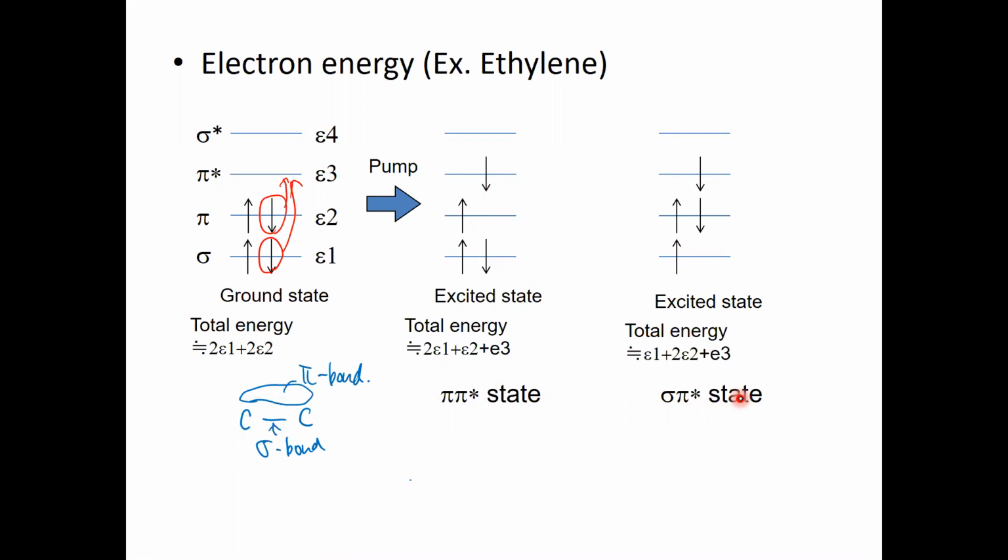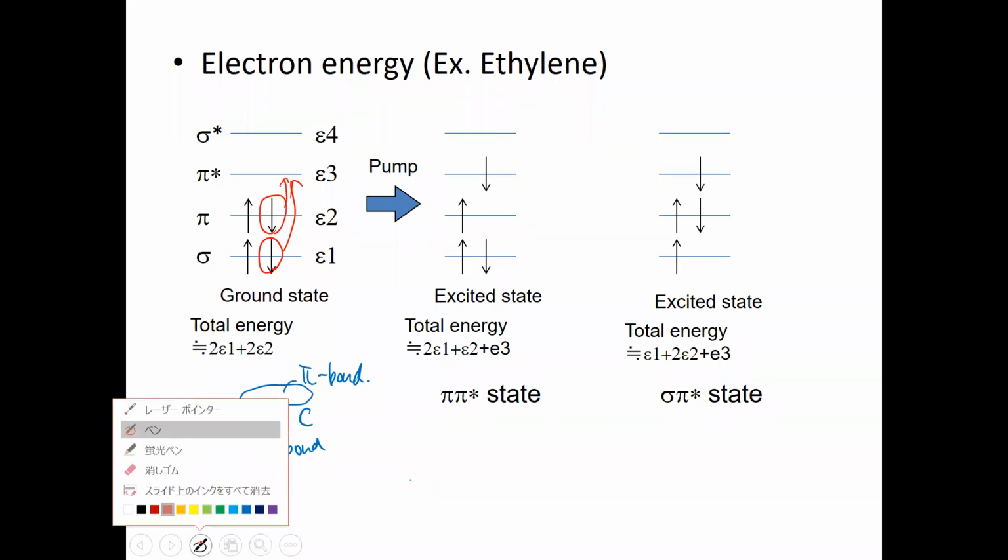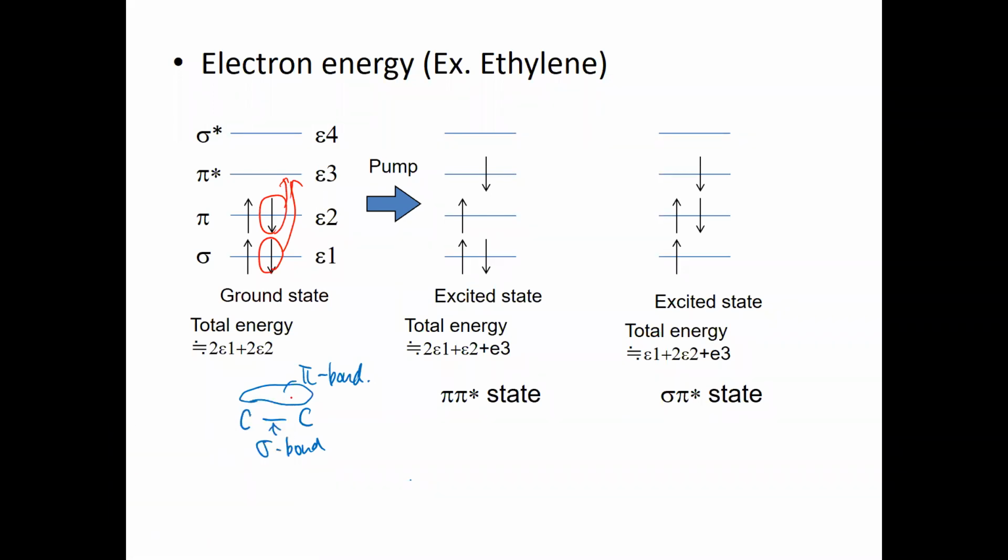Also, you can imagine an electron excited from a pi electron to a sigma star state.